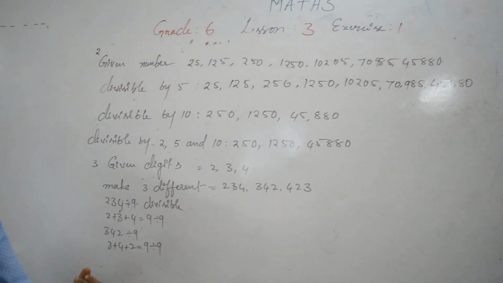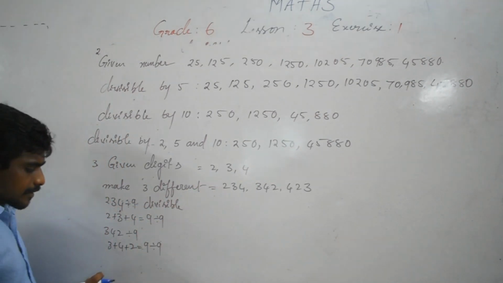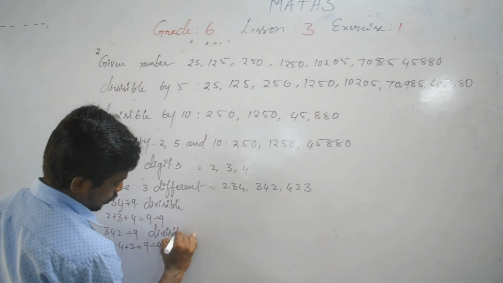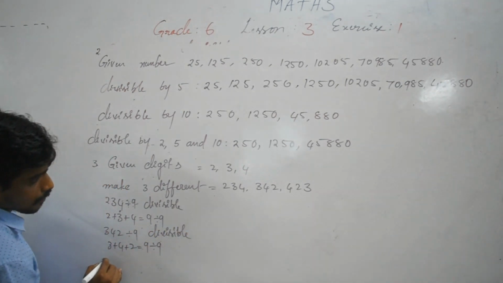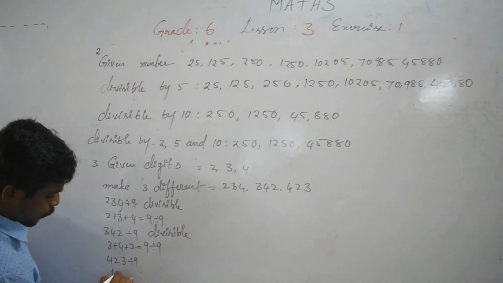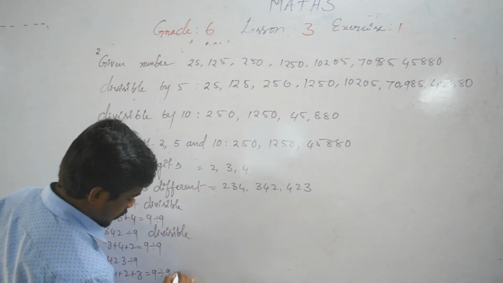So any number we make using these three digits, that number is divisible by 9. Next, 423 divided by 9. 4 plus 2 plus 3 is 9, divided by 9. Divisible.